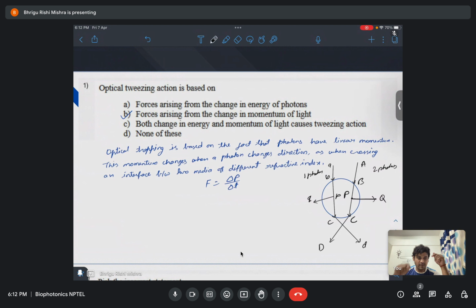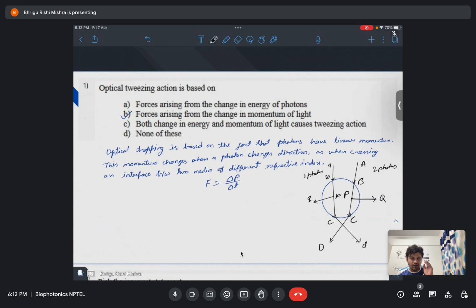Please note that here we need two forces to control the motion of the sphere. If you have one force, then you won't be able to get much control, or you won't be able to trap the cell that much. You basically need two forces in order to give direction.